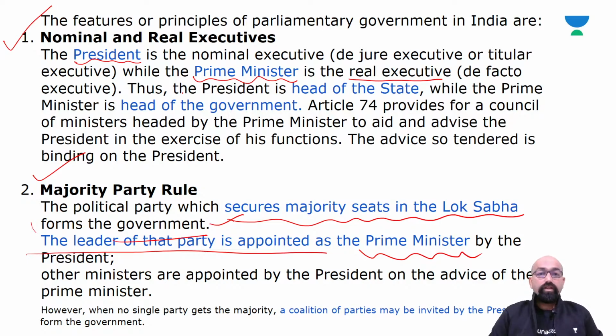Now, there is a possibility that no single party gets a majority.